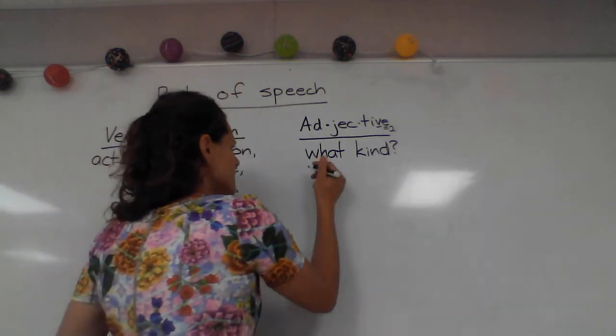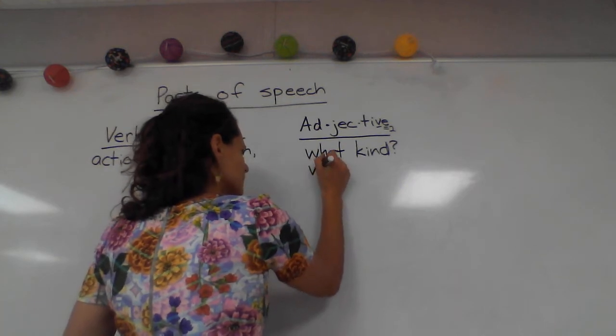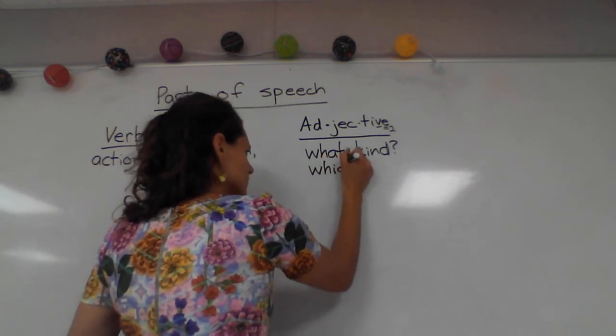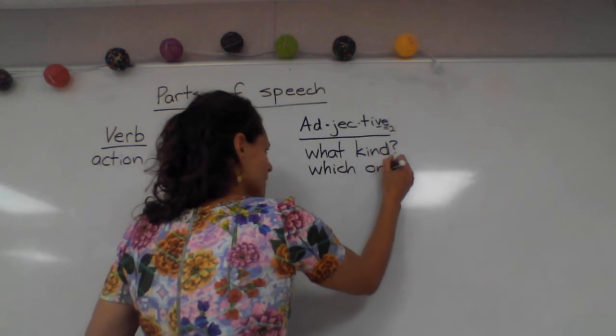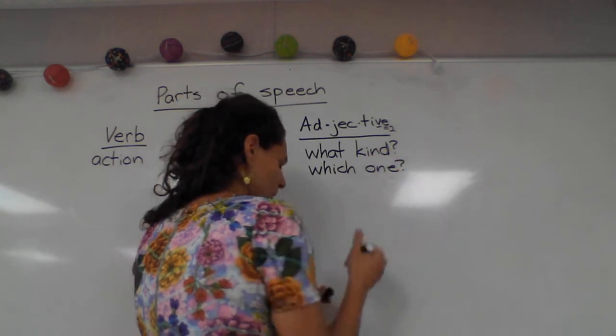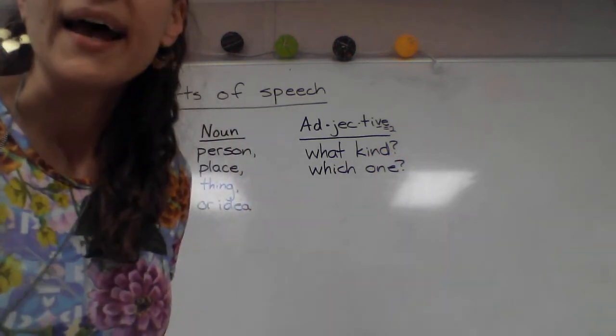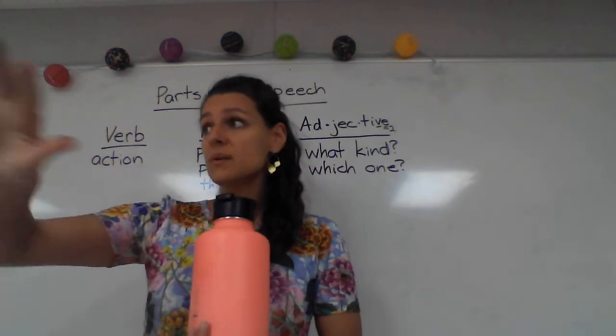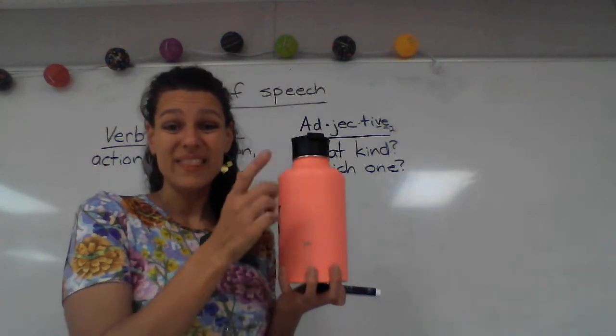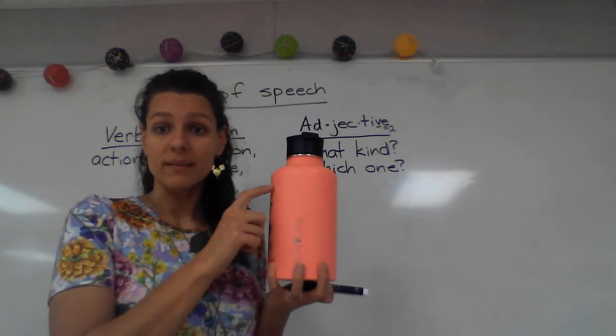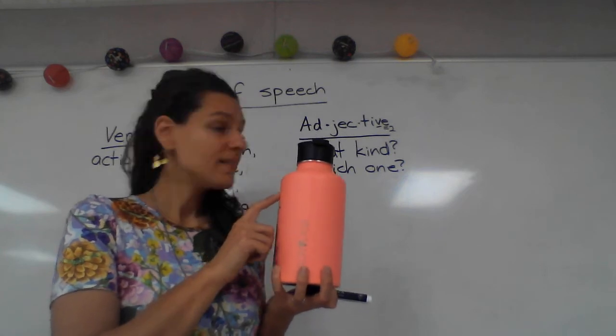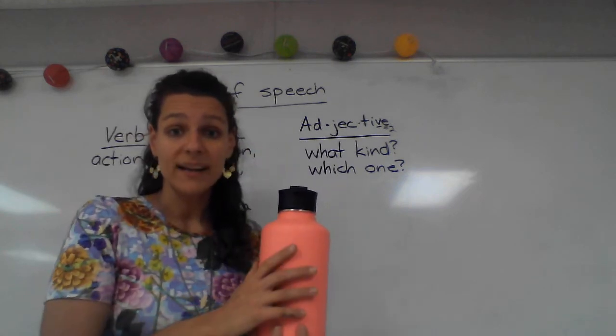Let's see, it also says, which one? What kind, which one? So I had a water bottle, but lots of students had water bottles too, and I said, this water bottle, this bottle. That would answer the question, which one?